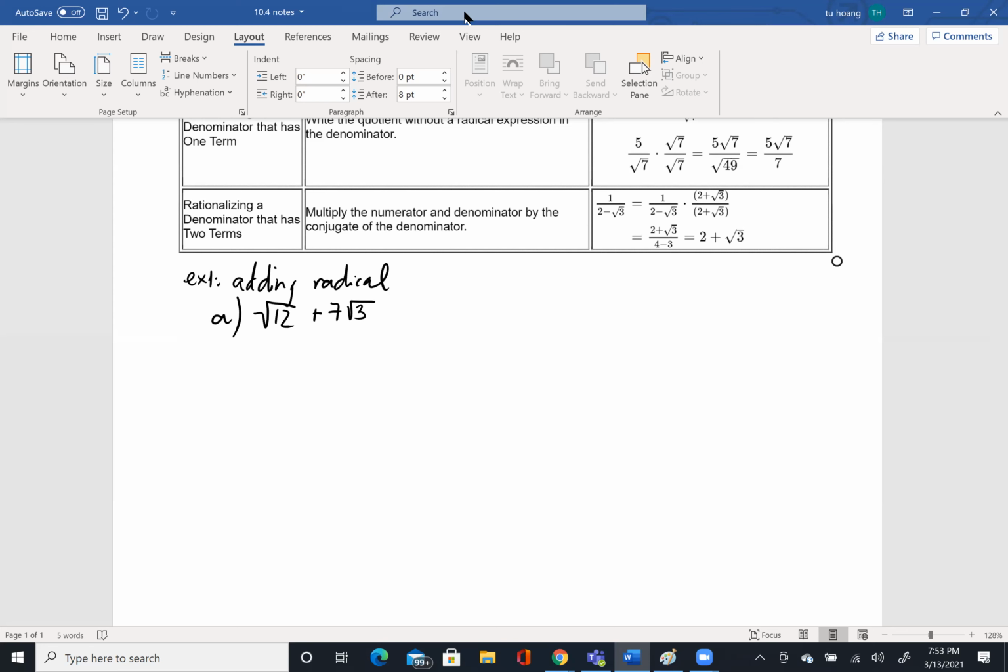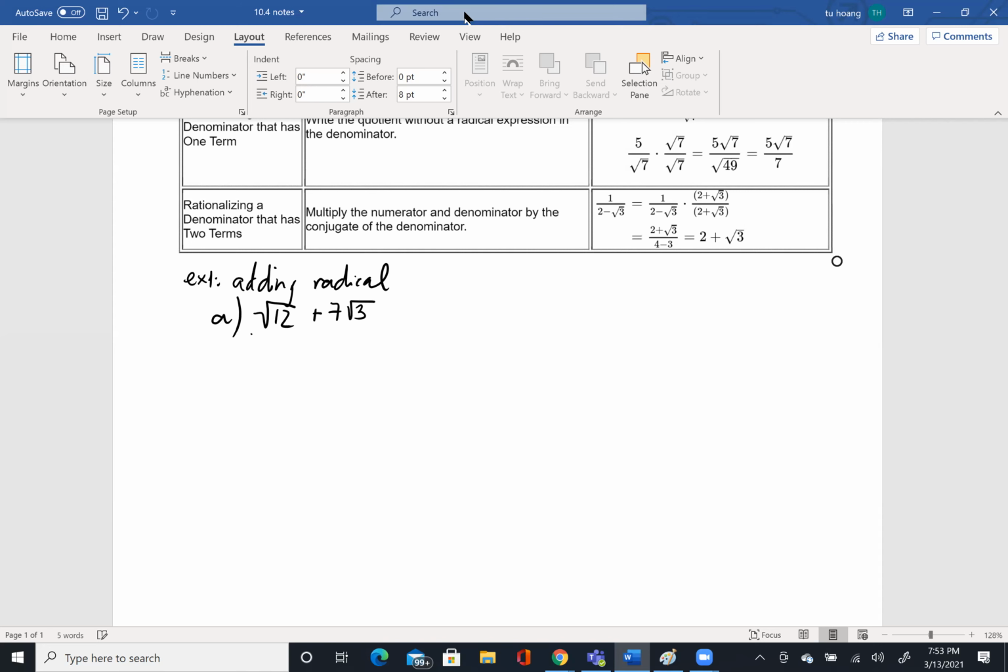You see that these are not like radicals yet. You need to rewrite one radical to become like radicals. So usually you take a look at the big radical.